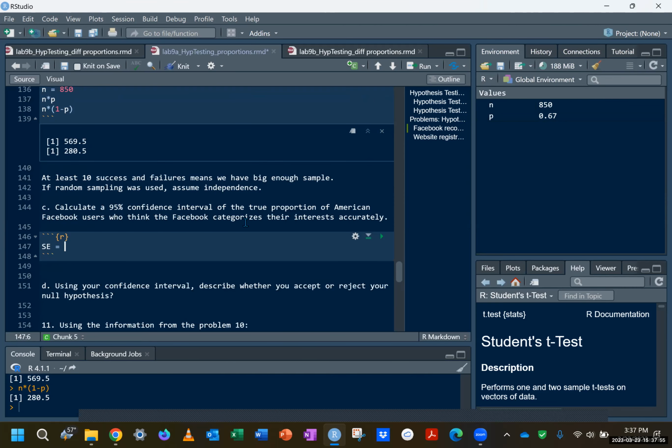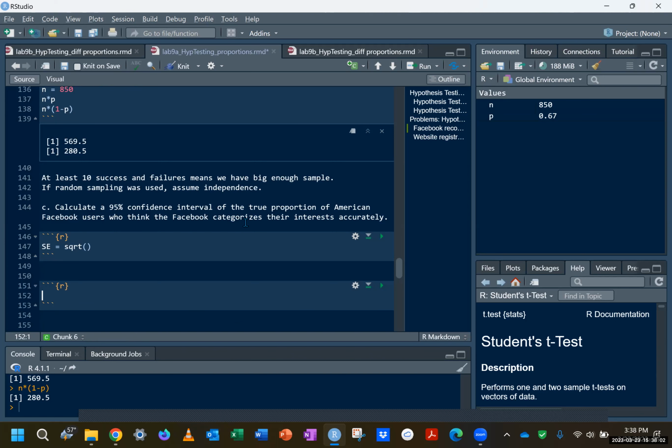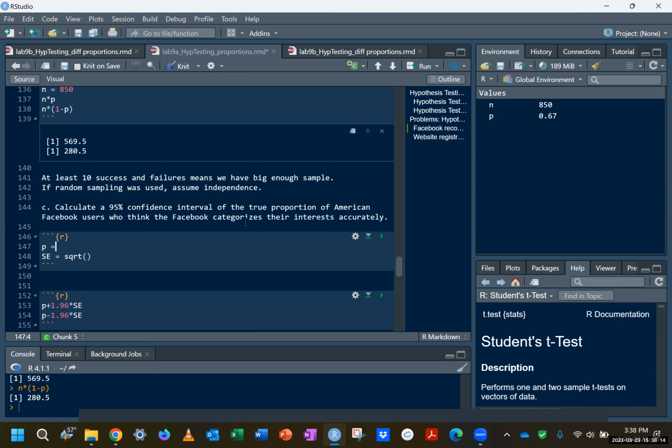So to find this, we first need to find the 95% confidence interval, and the formula for this is p hat plus 1.96 times SE and p hat minus 1.96 times SE. We already found out that p hat was 67%. That was given by the problem, that's data from the problem.